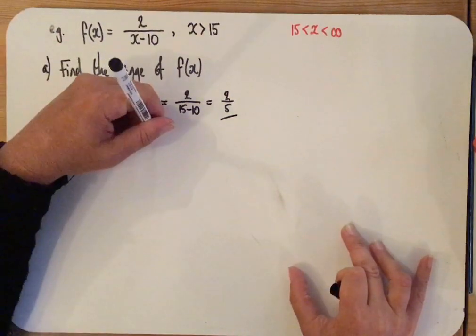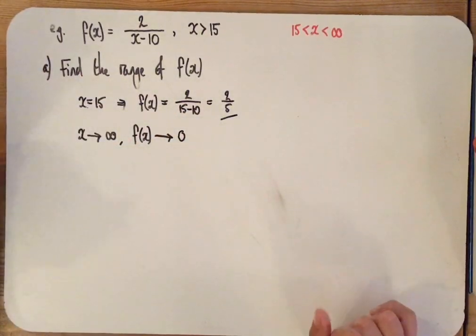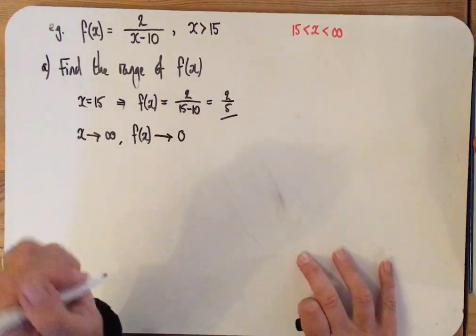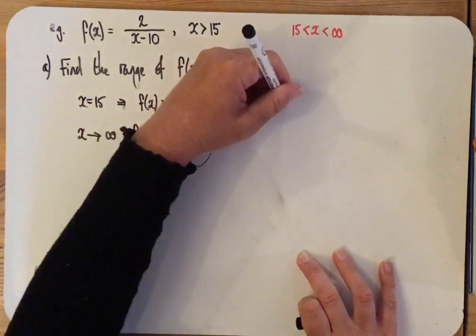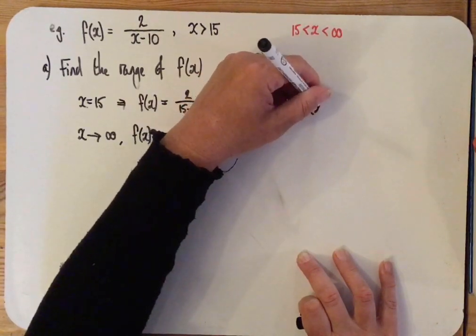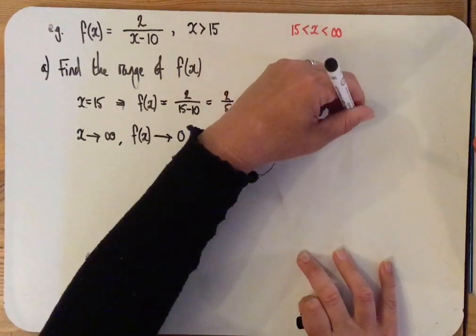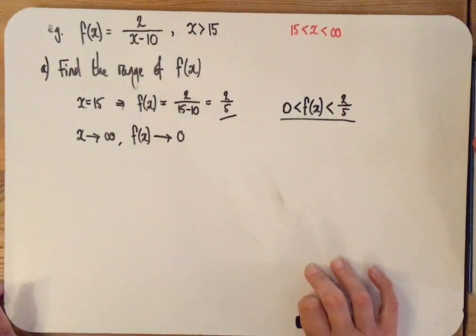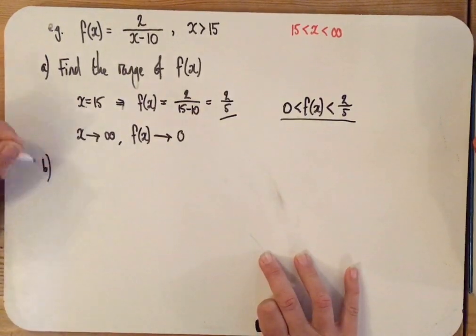So f of x is going to approach 0. So the range of f of x, you're sandwiched between 0 and 2/5. So 0 is less than f of x is less than 2/5.